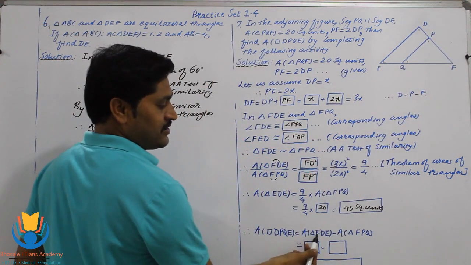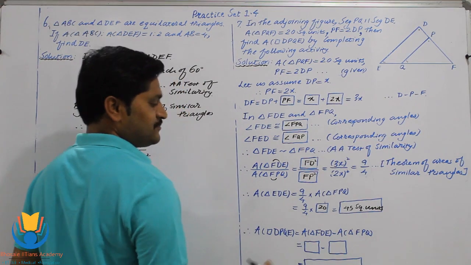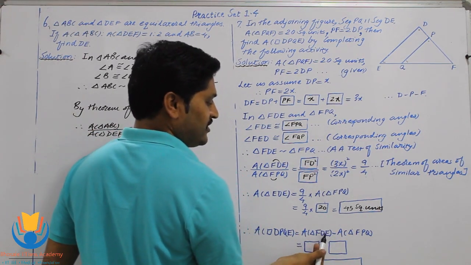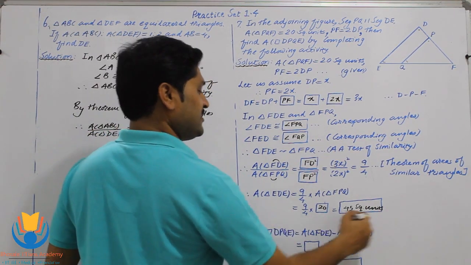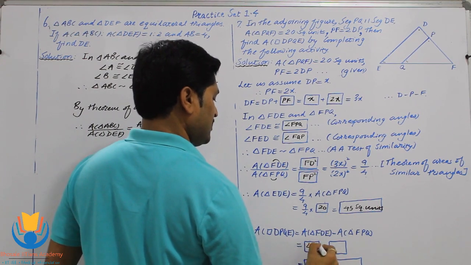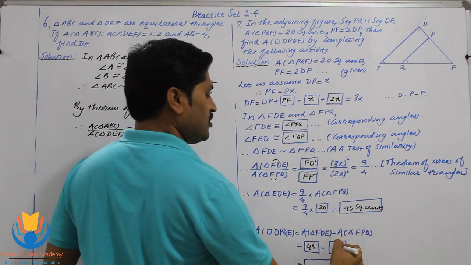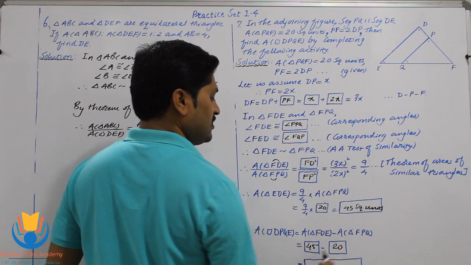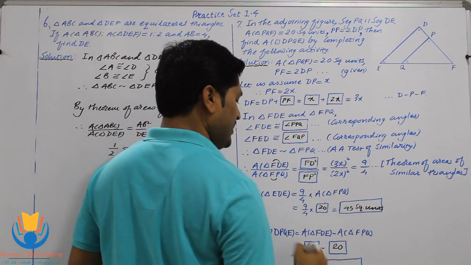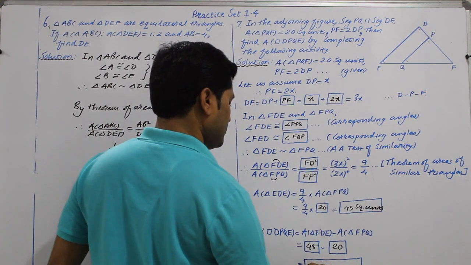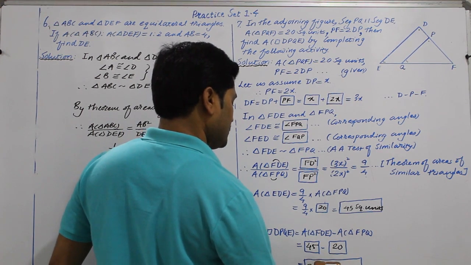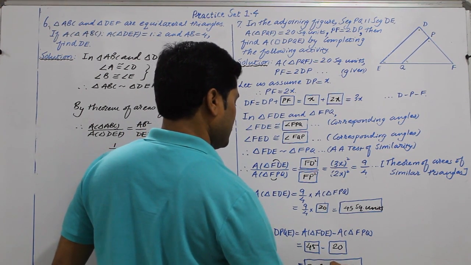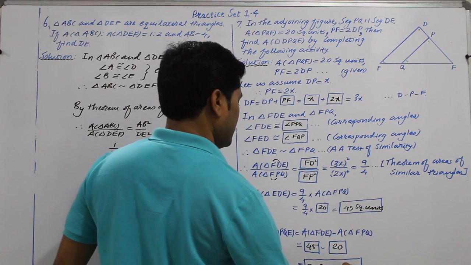They have written again the names of those two triangles. The value of FDE is 45, and that of FPQ we already have in the question. So 45 minus 20 is 25, and here we write the units. So 25 square units.